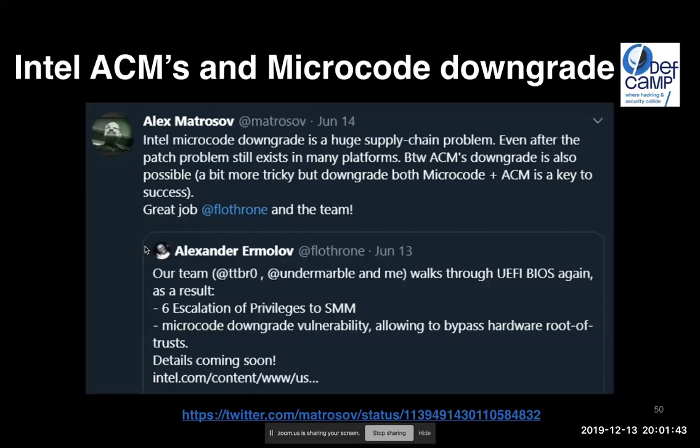We had this discussion on Twitter about ACMs and microcode downgrade with Alex Ermolov, who found some cool stuff on microcode downgrade, and Intel made an advisory about this vulnerability.